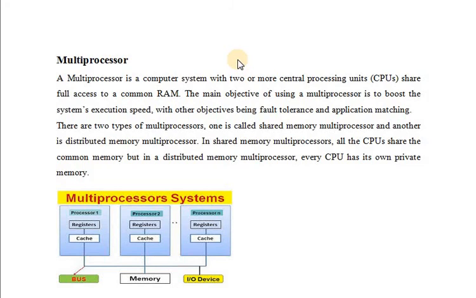The main objective of the multiprocessor is to boost the system's execution speed. So multiprocessor means more than one central processing unit, a computer system with more than one central processing unit sharing full access to a common RAM.